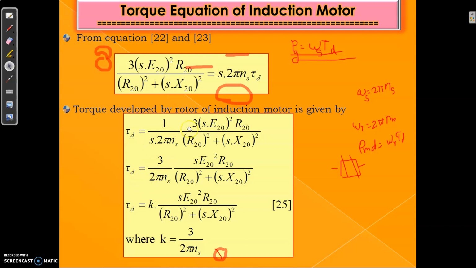So I will keep the constant term at one side, 3 divided by 2 pi ns, because once the machine is designed, the synchronous speed is going to remain constant. So taking this 3 upon 2 pi ns as a constant term, what will remain? S into E2R0 squared R20 upon R20 squared plus S into X20 squared. Here K is nothing but 3 divided by 2 pi ns. So this is the torque developed inside the induction motor.